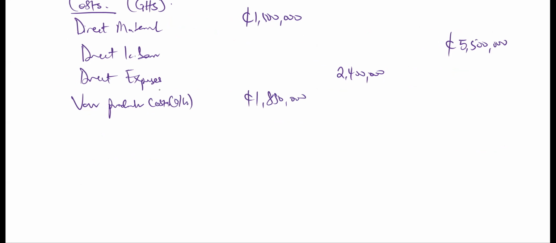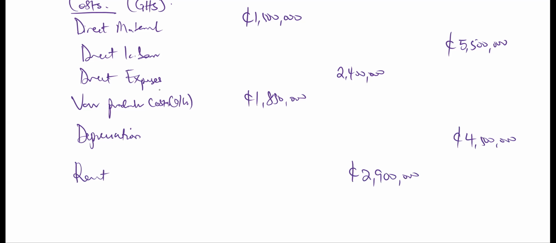Then depreciation of machines, 4.5 million. Then rent, 2.4 million. Then electricity, 5 million.